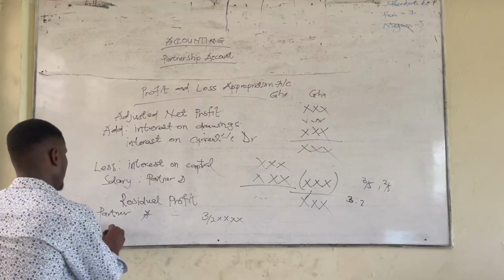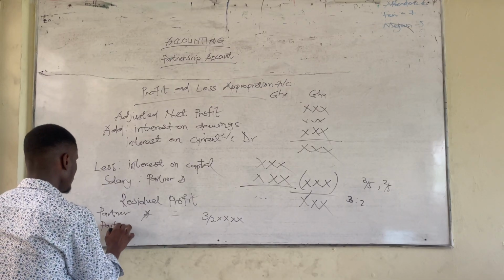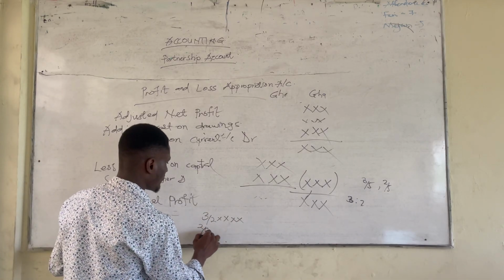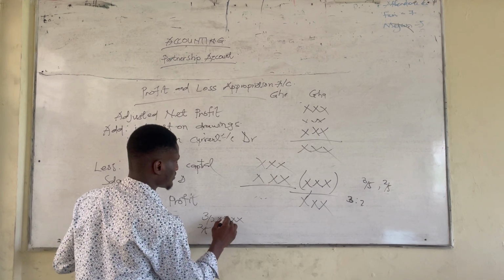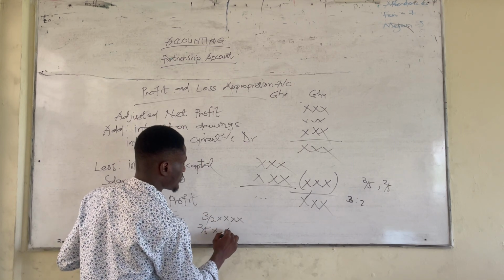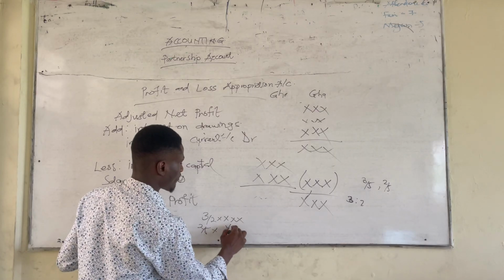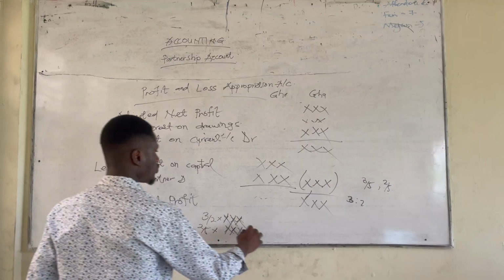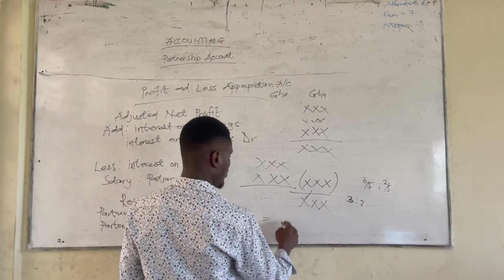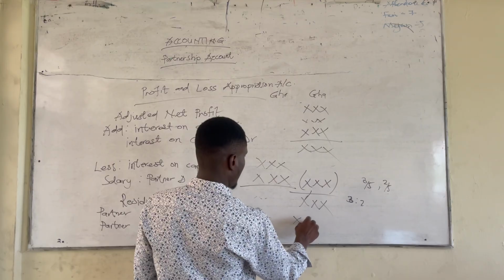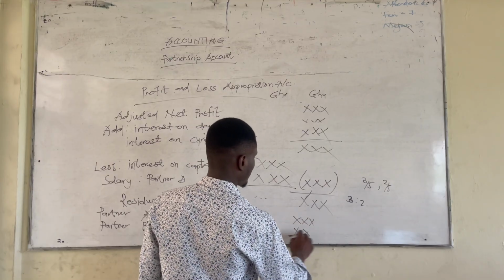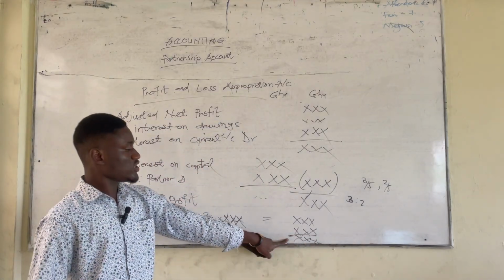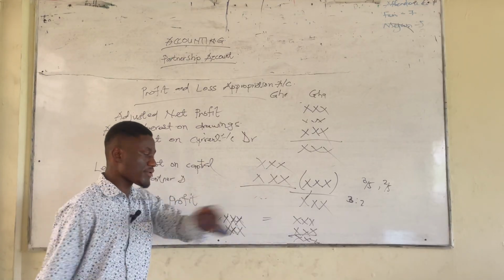And partner B is going to receive 2 over 5 times our residual profit, right? Good. So what we get will be added together, and what we get here should be equal to our residual profit.